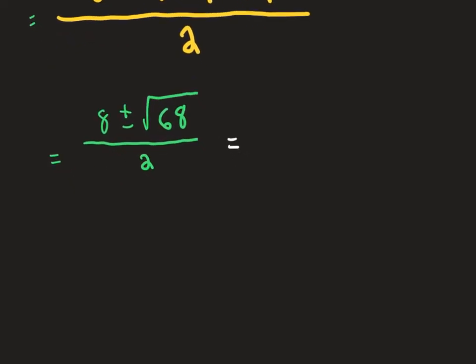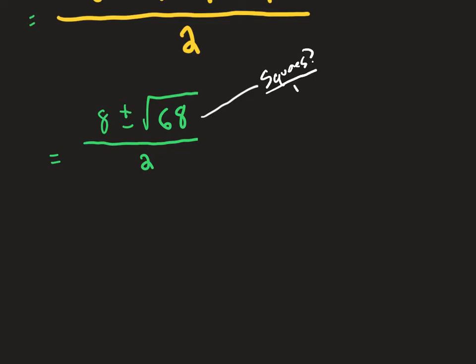Continuing next. The only thing that we do next is we look to simplify this radical here. In some cases, if you had something like the square root of 64, you could just turn that into 8. If you had the square root of 25, you could just turn that into 5. But 68 is not a perfect square, so we're going to need to look for squares inside there.